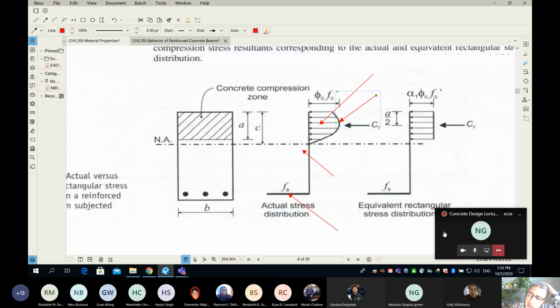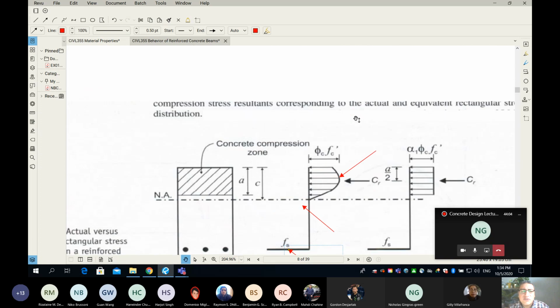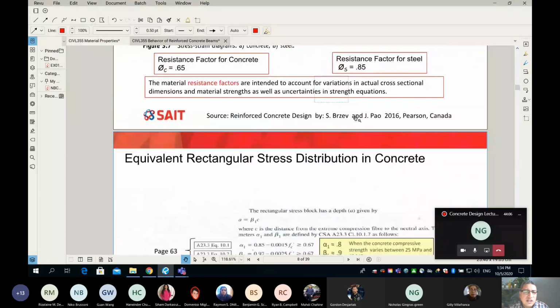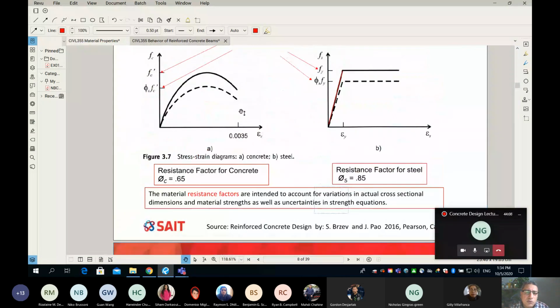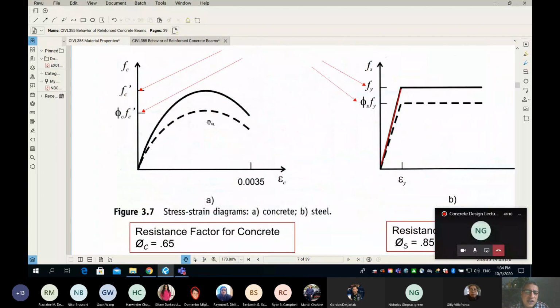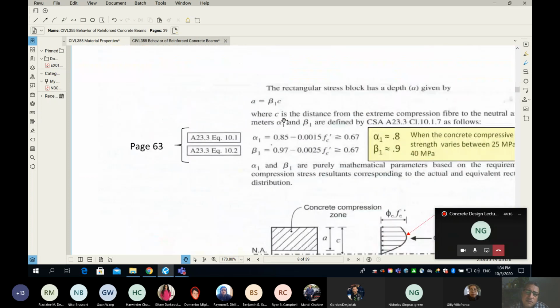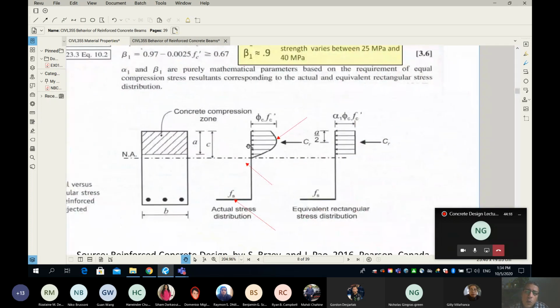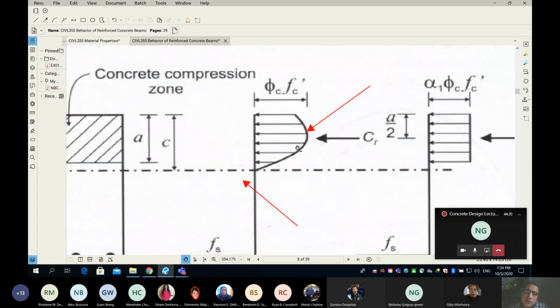I need to ask you questions and I need somebody to answer me, please. If we agree from this discussion that the relationship between stress and strain in concrete is not a linear relationship, it is a parabolic shape, everybody tell me please, where is the centroid of this area?